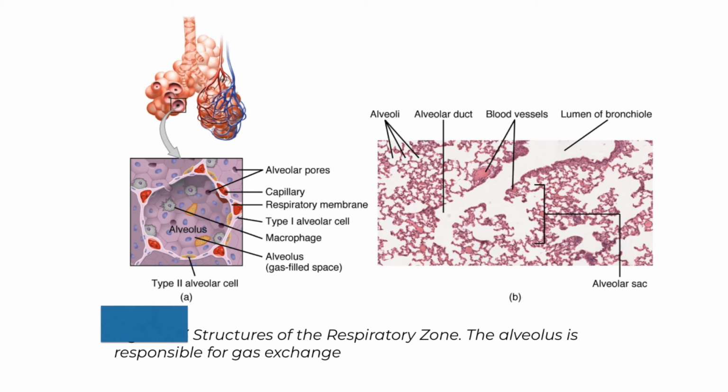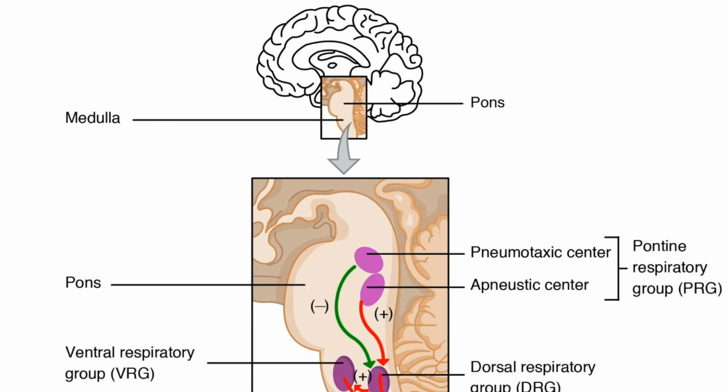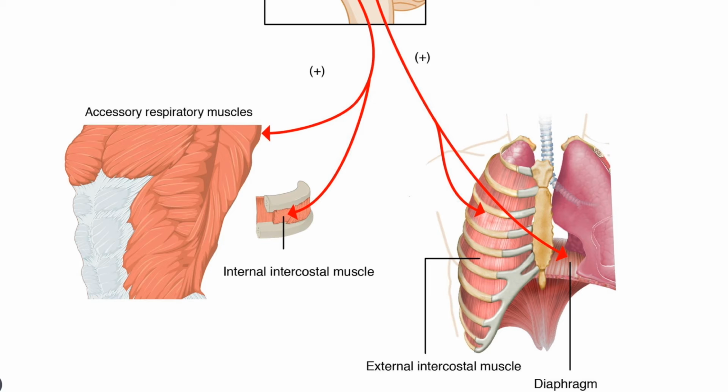This moist epithelium functions to warm and humidify incoming air. Capillaries located just beneath the nasal epithelium warm the air by convection. The bronchial tree. The trachea branches into the right and left primary bronchi at the carina.